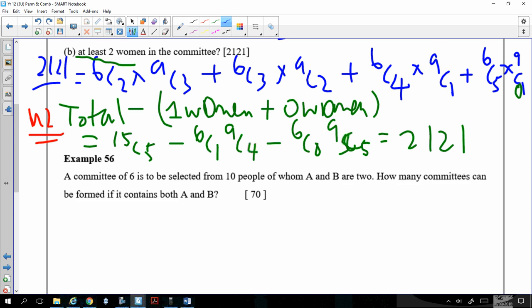A and B are both selected. So you're going to select 6 from 10, but A and B must be included in the 6. So I'll ask you in 1 minute.